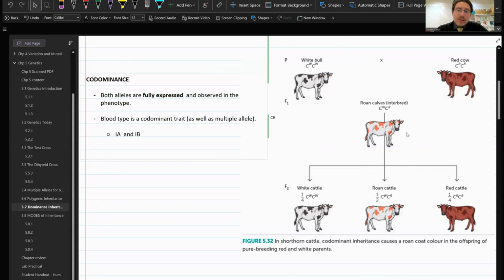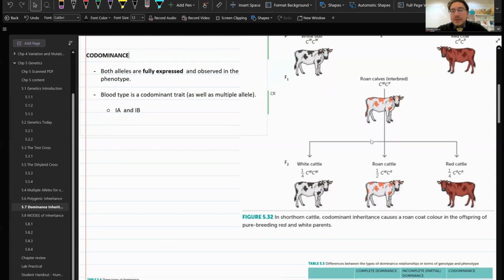The patterning is a different situation, with a different set of genes involved, but what's important is that both colors are being expressed.